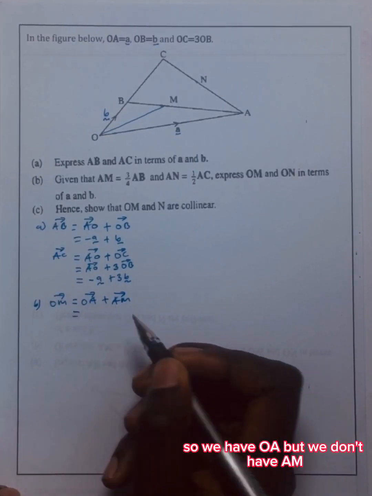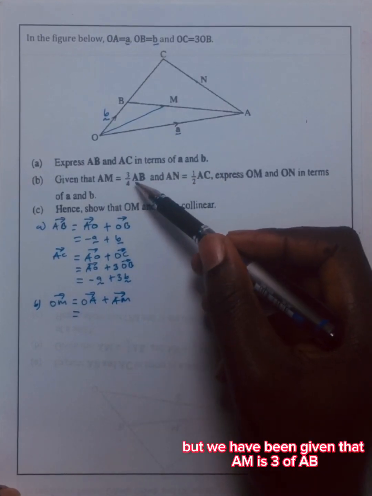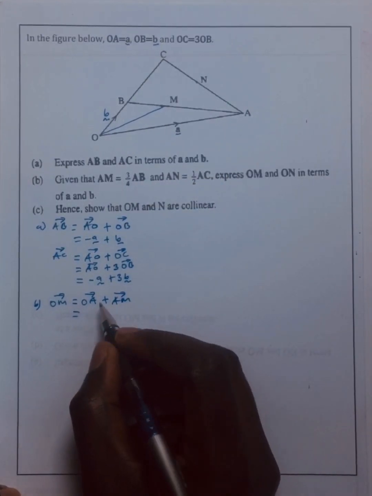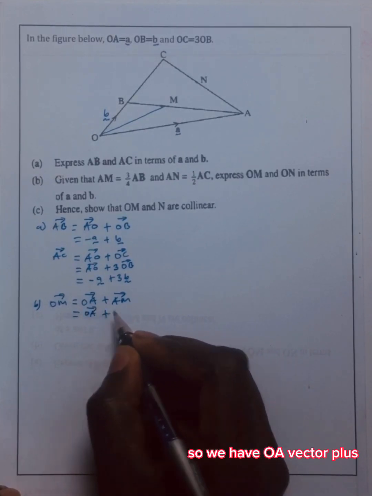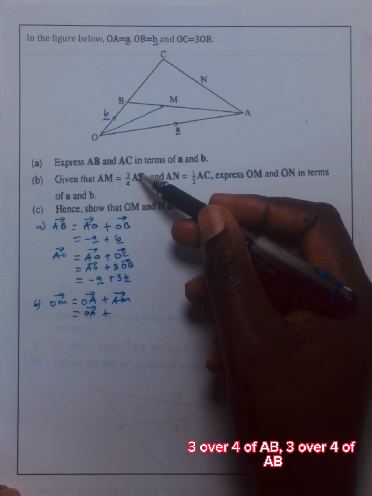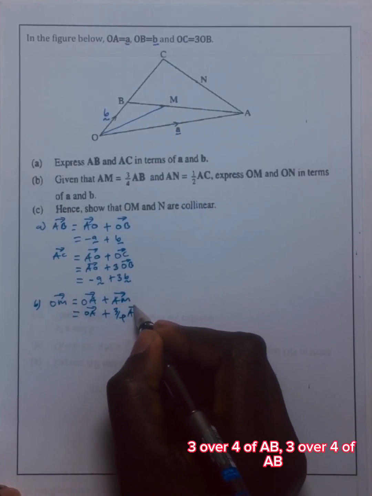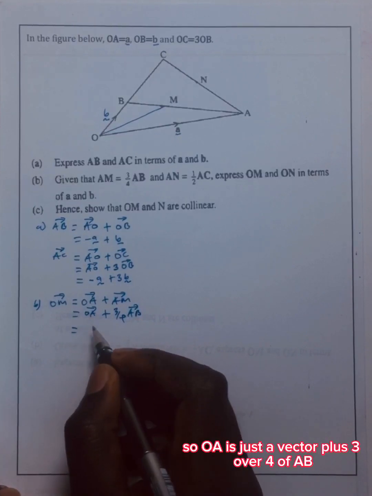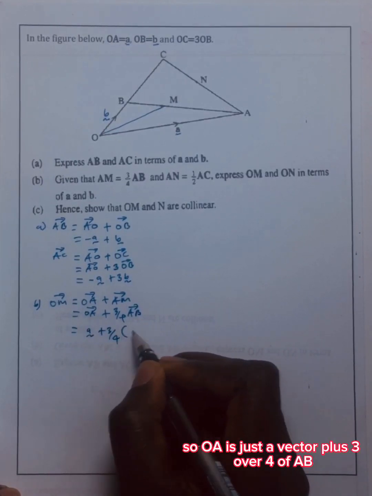We have OA, but we do not have AM, but we have been given that AM is 3 over 4 of AB. So we have OA vector plus 3 over 4 of AB. OA is just vector A plus 3 over 4 of AB.